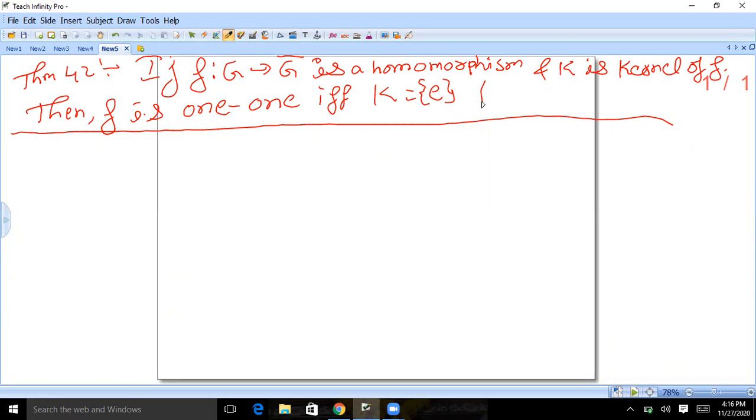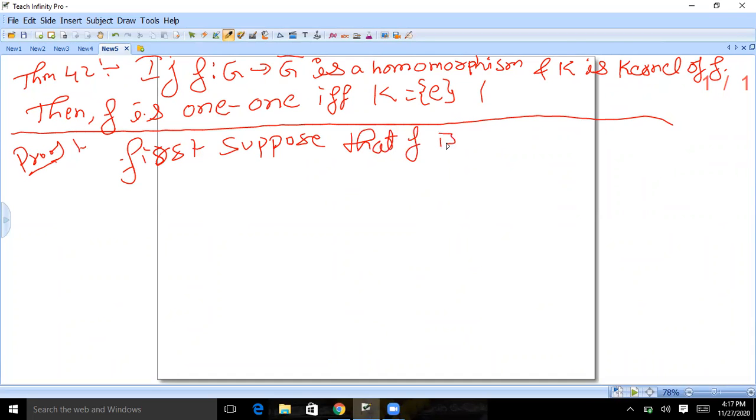We shall see the proof. First suppose that f is one to one.